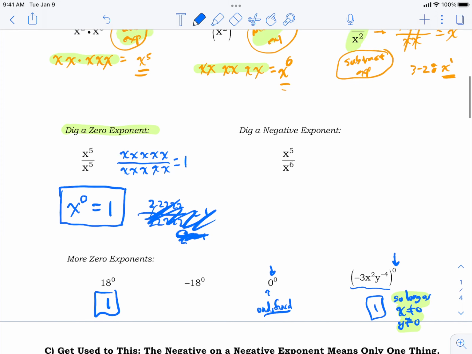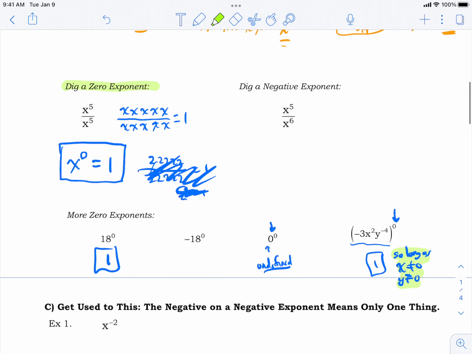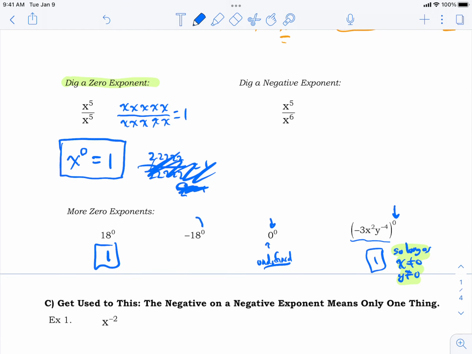So think back up here where we were playing around with this one, and we said, no, the exponent's on the 2, not on the negative. Same thing here. The 0 exponent is on the 18. It's not on the negative. So this is actually a negative 1. So just be careful out there when you're wielding your exponents, particularly your negatives in front and particularly your 0 exponents.